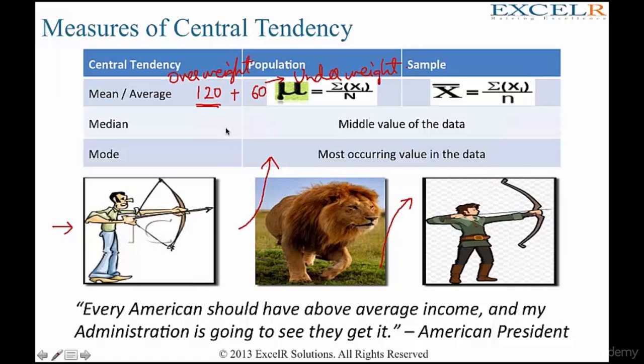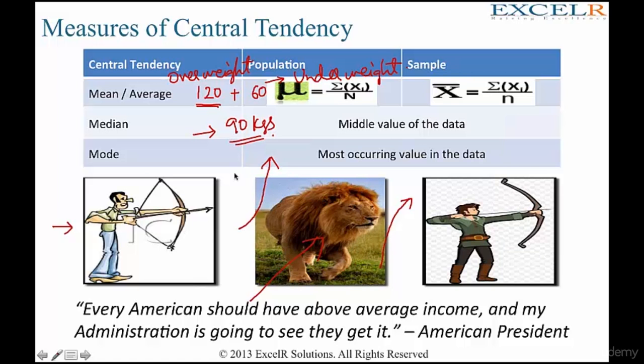It'll be 180 by 2, which is 90 kgs, which is kind of decent. Right? So this is okay. This is normal. These 2 are abnormal scenarios. On similar lines, one arrow went from the left, another arrow went from the right. So on an average, they assume that it hit the lion and they started jumping with joy. Hence, we have to be very careful with statisticians, especially when you try to go to the jungle.